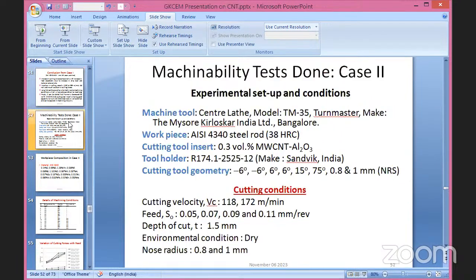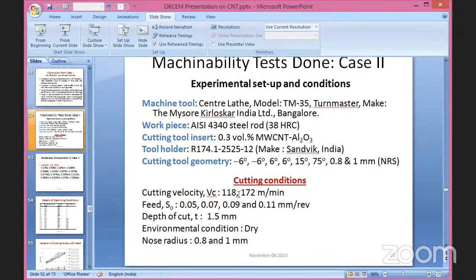Now coming to case study 2. Here we have done this study at our lab only. A Turnmaster Kirloskar lathe was used, and here an AISI 4340 steel rod of 38 HRC has been used. The same tool holder, etc. is used, so the tool angles will be similar. There is no change.